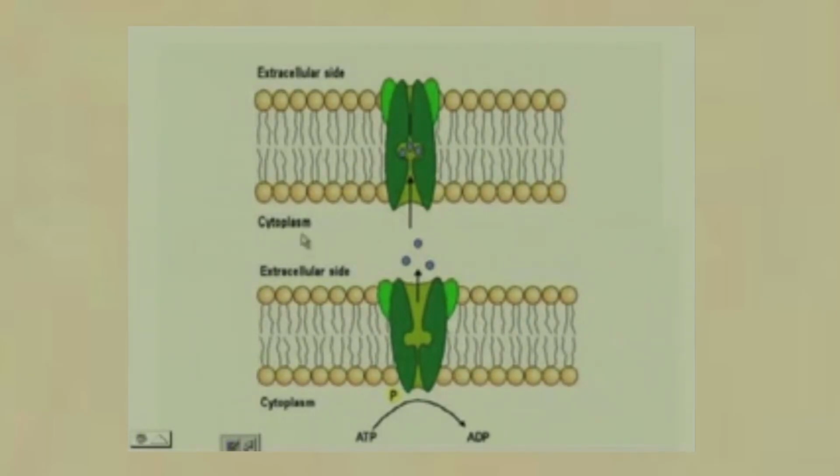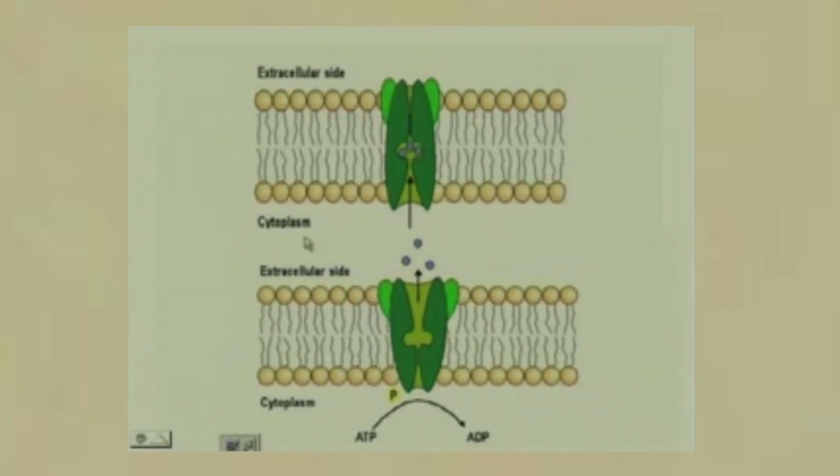Where are the sodium ions going? They are going from the cytoplasm. They have to be taken outside, because we do not need a large amount of sodium ions inside the cell. So, these 3 sodium ions get embedded in this carrier protein, and they fit in quite snugly at this point.